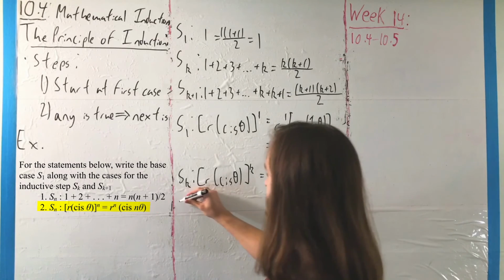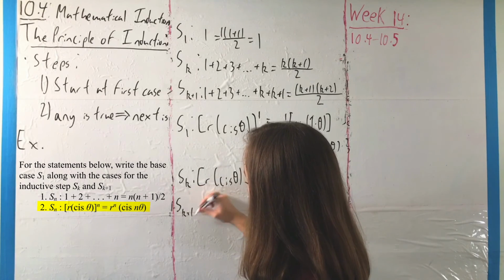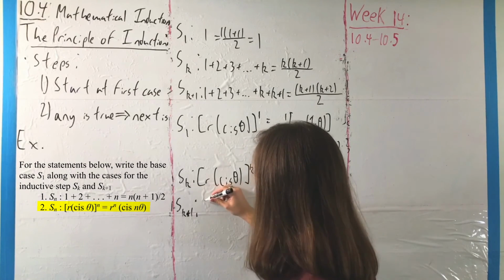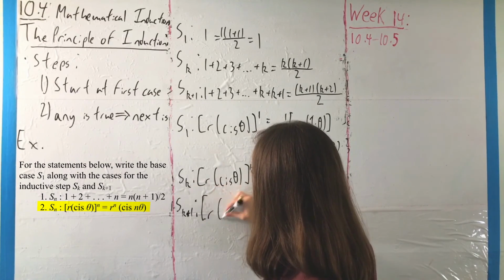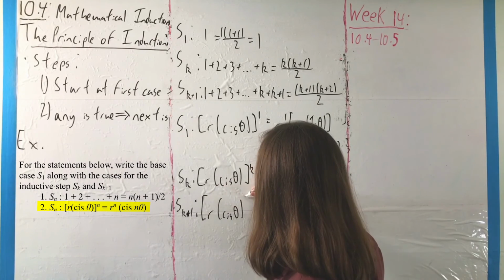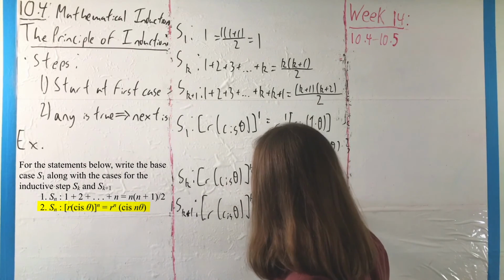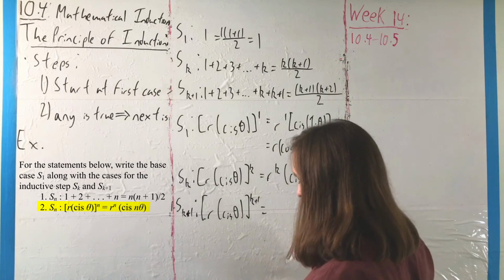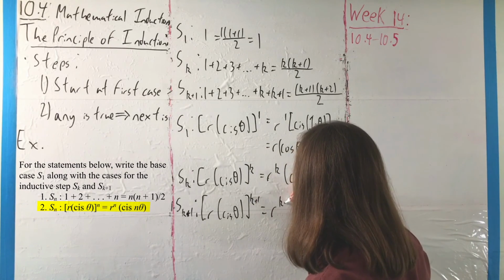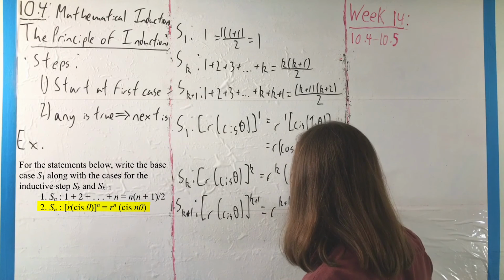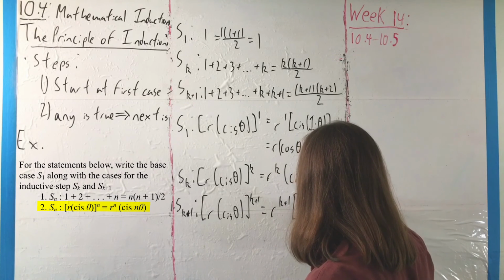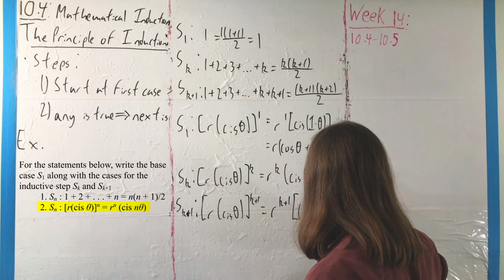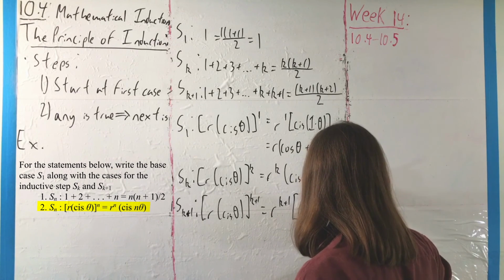And then finally for the k plus 1 case, well, you do the same thing. r CIS theta, now raised to the power k plus 1, where this, based on our pattern, is going to end up being r raised to the k plus 1 multiplied by the not very nice term CIS of k plus 1 times theta.